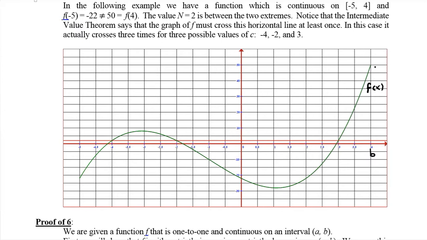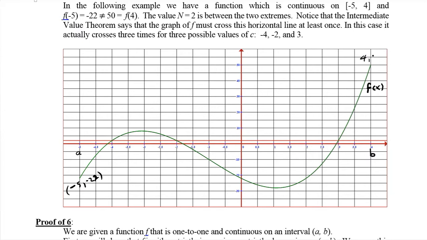In fact, on this particular one, the interval a is -5 and b is 4. So it goes from -5 to 4. And we see that f of -5 is -22, and f of 4 is 50.